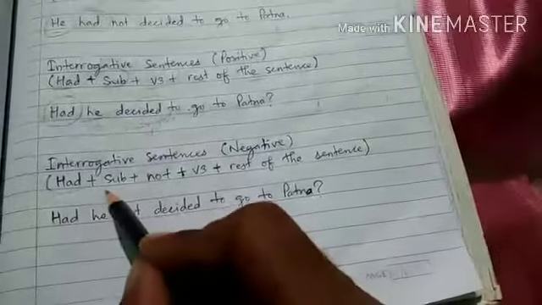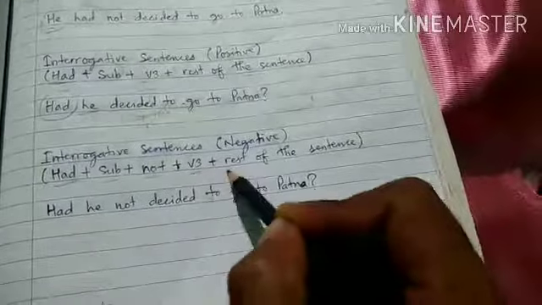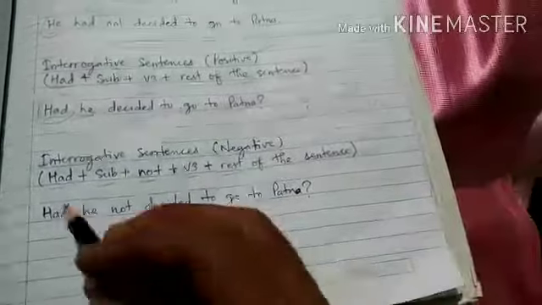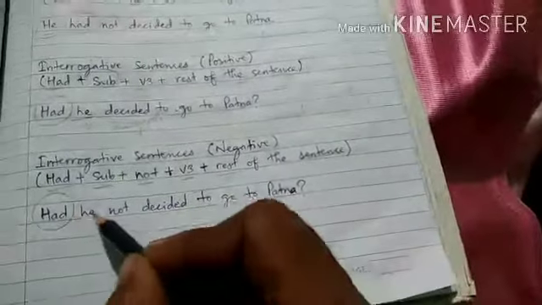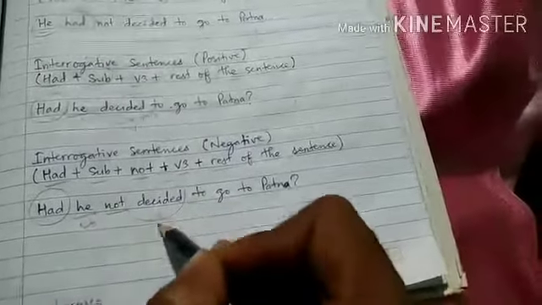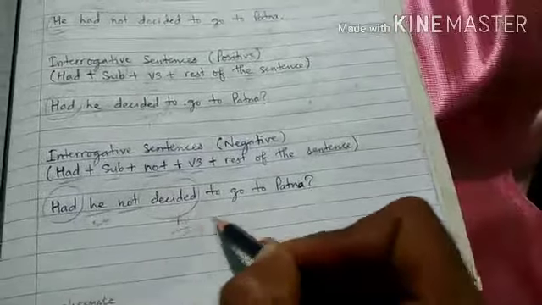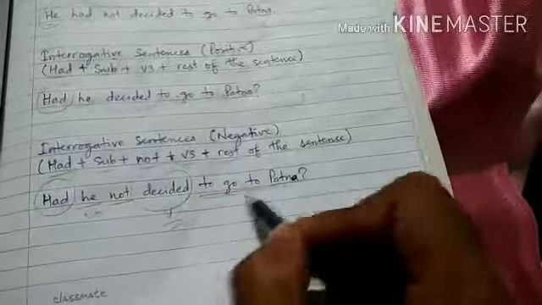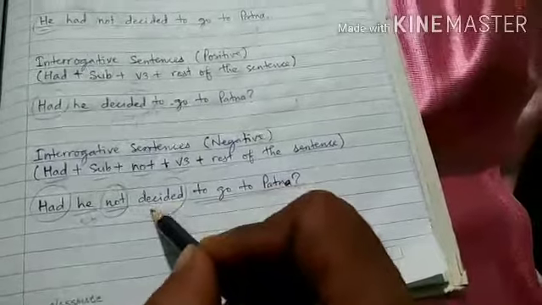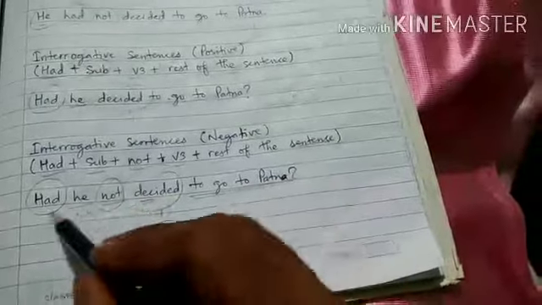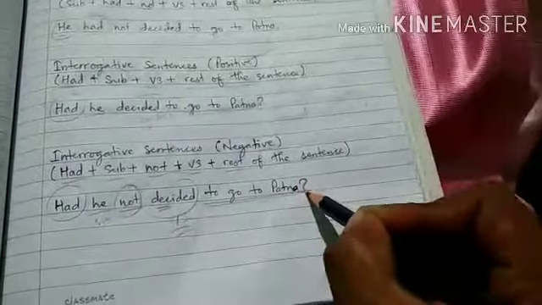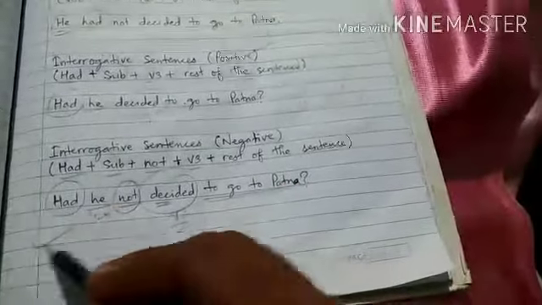Like, had plus subject plus not plus B3 plus rest of the sentence. Like, had he not decided to go to Patna? Here, had is the auxiliary verb, he is the subject, not we have used, and decided is the main verb, the B3 form. To go to Patna is the rest of the sentence. So we have put not before the main verb. This is an interrogative sentence in the past perfect tense.